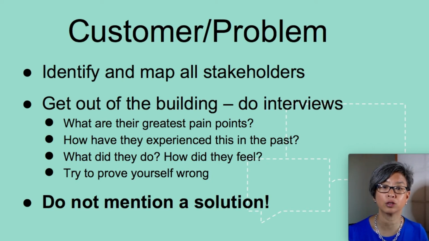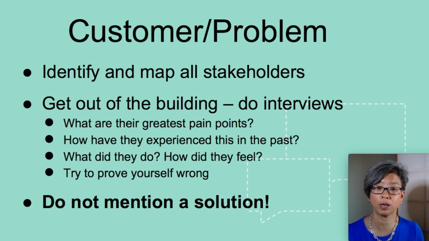The way that we understand problems is by interviewing the people who experience them. So you want to start by identifying and mapping out all the stakeholders. This includes your beneficiaries, your funders, maybe the government, other players who are in the ecosystem which might have some bearing on the problem that you might want to focus on.